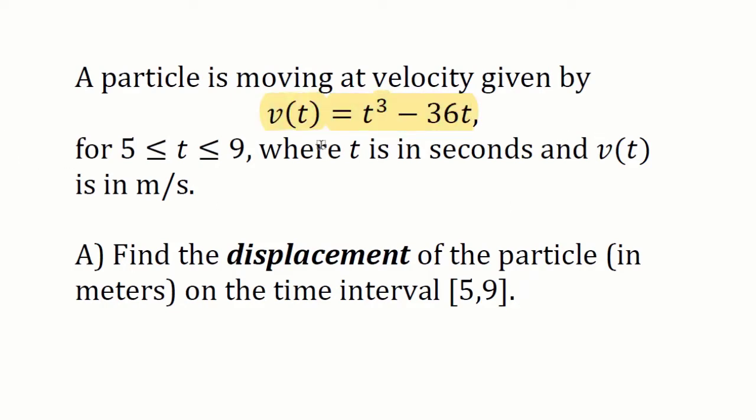This function is being modeled in the interval for t being from 5 to 9 seconds. The description indicates t is in seconds and v of t is in meters per second. So the question is to find the displacement of the particle in meters on the time interval from 5 to 9.